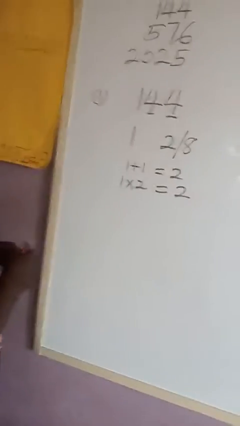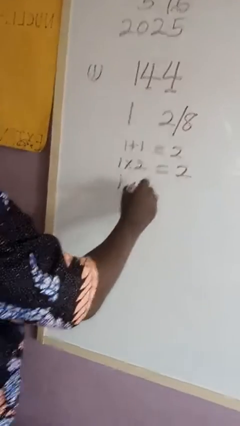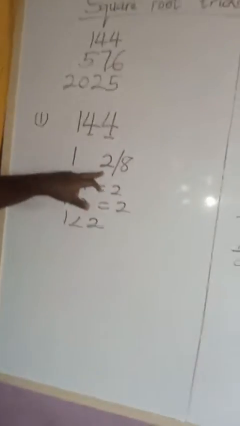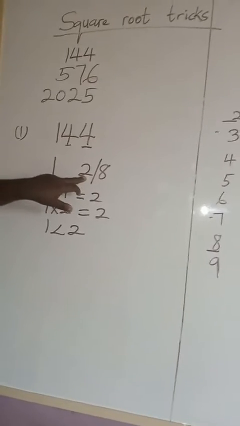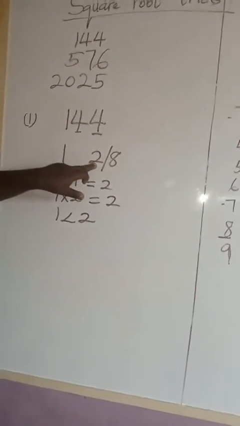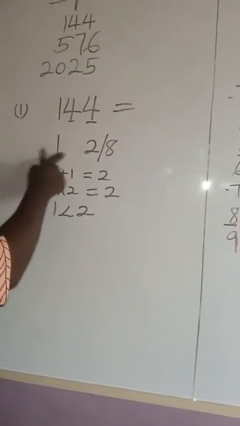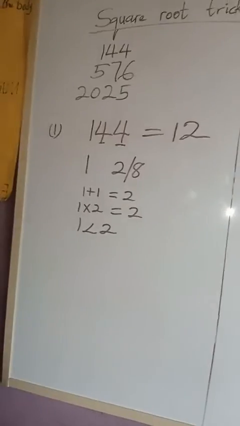If you compare them, we see that 1 is less than 2. So since 1 is less than 2, then we are going for the lesser number. The lesser number here is 2. So therefore, the square root of 144 is 1 and 2, and that is equal to 12.